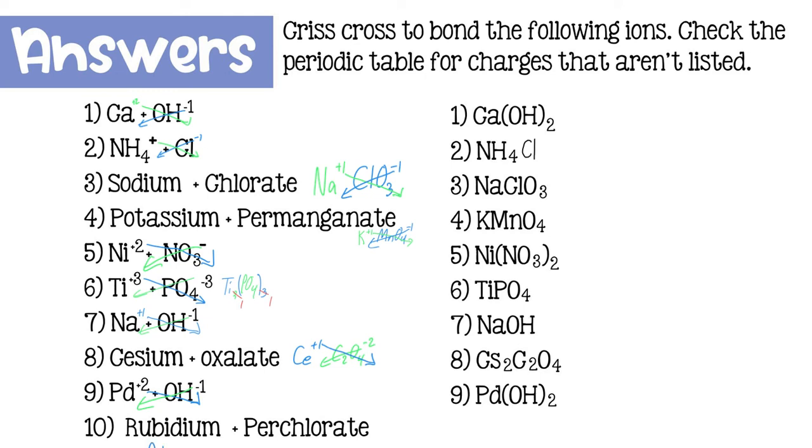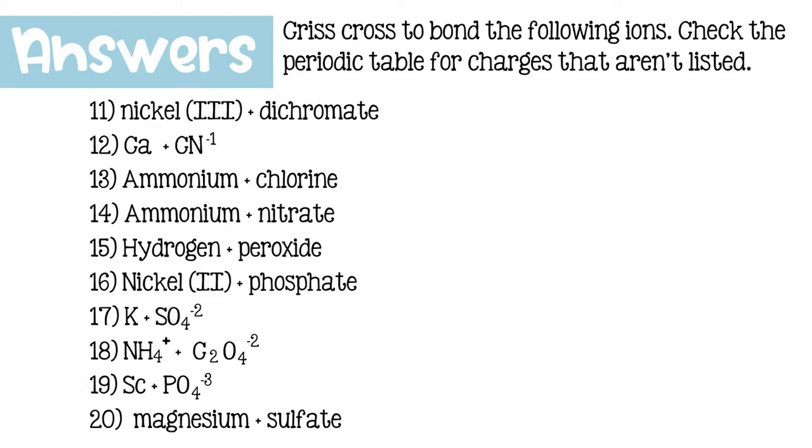Lastly, let's look at rubidium, Rb +1, and perchlorate, ClO4 -1. When we crisscross our charges, we are then left with RbClO4, and there is no parentheses. Now we're going to look at the names and use that to crisscross the bond to make the compounds.